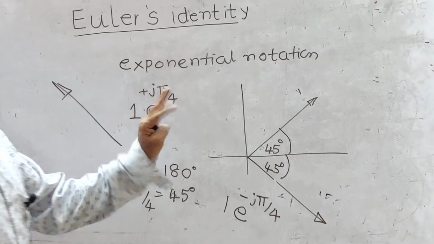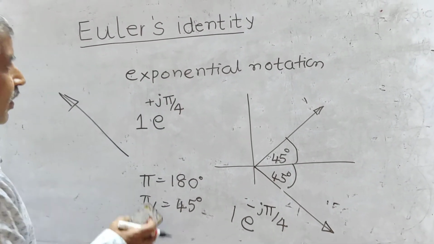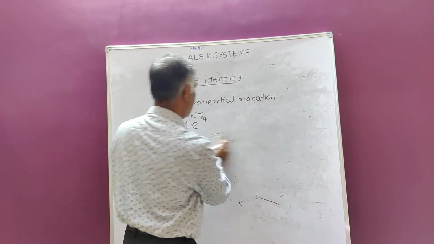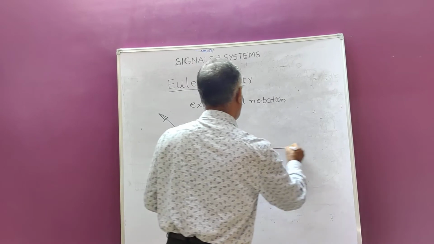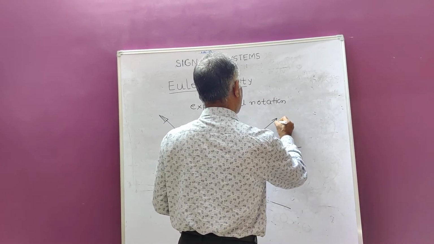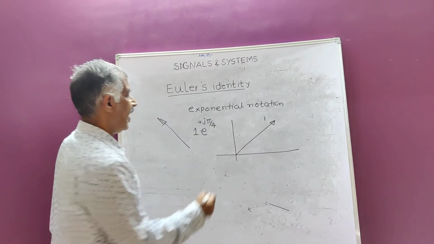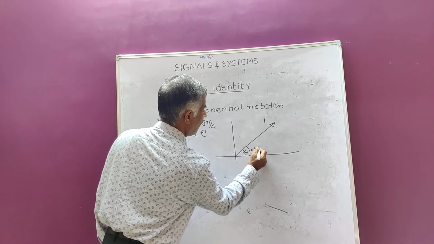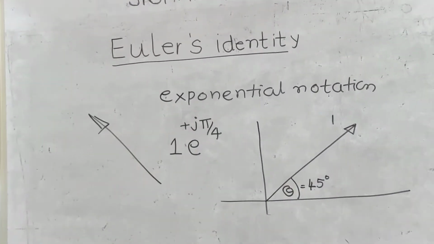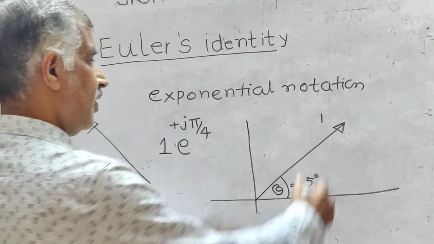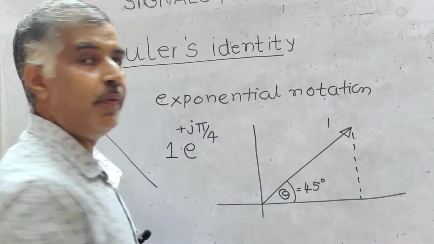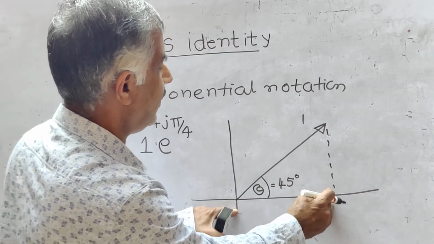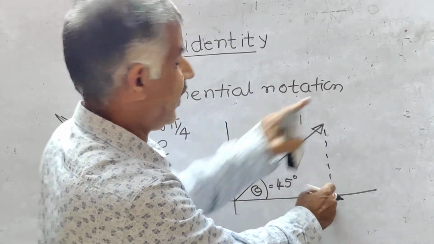Having understood the exponential notation, now I will come to Euler's identity. Take a phasor like this having a magnitude 1 and angle theta, say 45 degrees. Now in trigonometry, this can be resolved into two components. This is called the horizontal component, and this is called the vertical component.